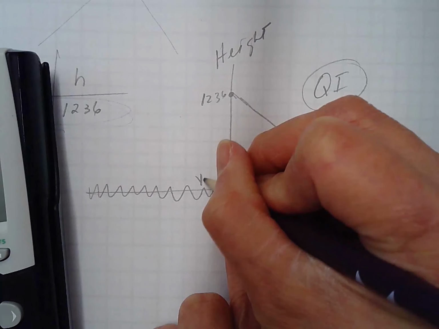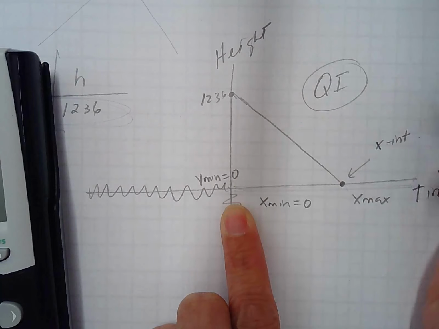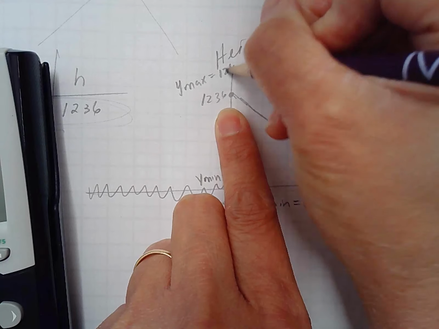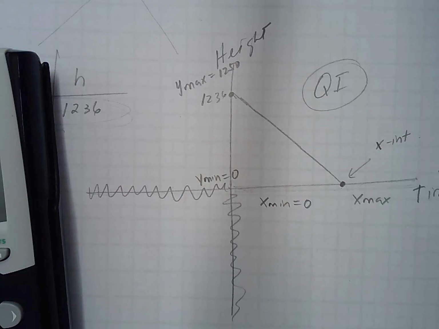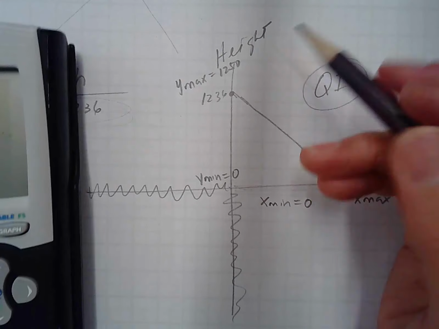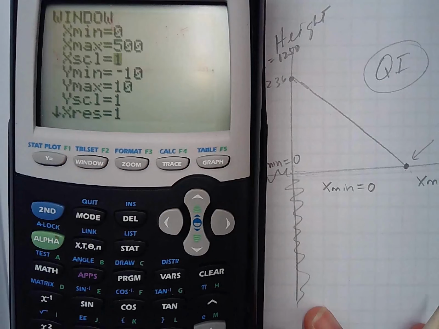Y minimum is 0. What is the y max? We can go 1250, yeah. We're gonna go a little bit higher than the y-intercept, and that's okay. Let's not do the scale for now. Y max is 1250.